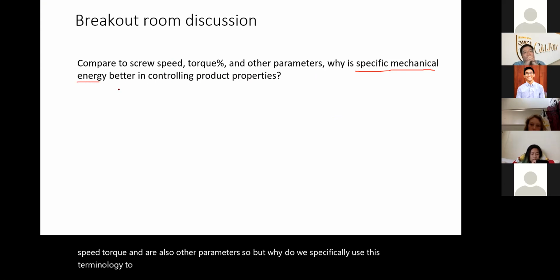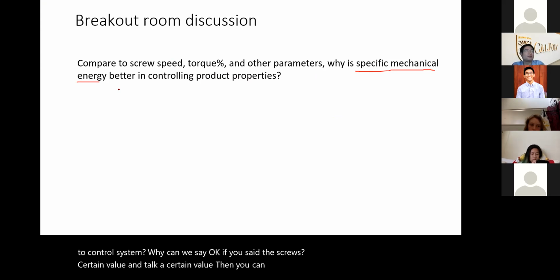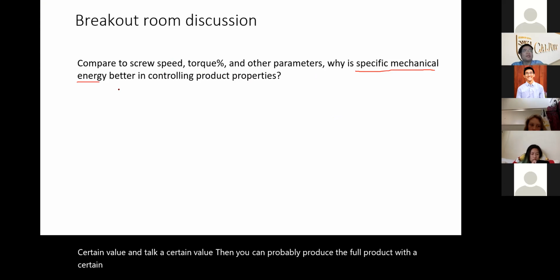Why can we say, if you set the screw speed at a certain value and torque at a certain value, then you can probably produce a food product with certain properties? But instead, why do we want to convert to another parameter instead of directly using the controlling parameters?